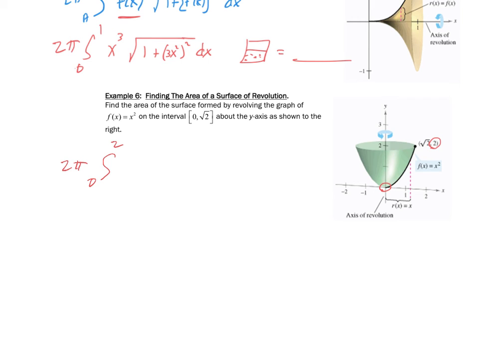Now my function is going to be my r of x, so I'm just going to have an x going in, and then I'm going to have my square root of 1 plus my derivative. If my function is x squared, my derivative is 2x, squared, dx. We're still making vertical slices. It just happens to be revolved in a different way to make that surface of revolution.